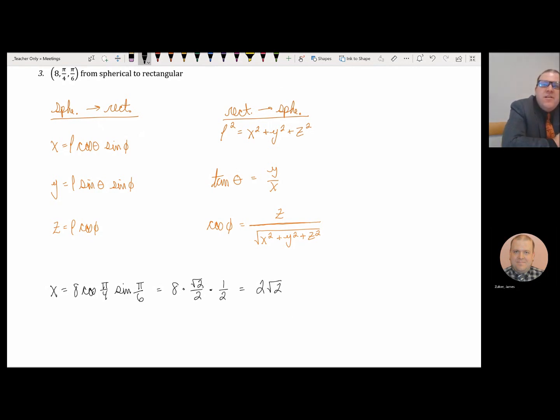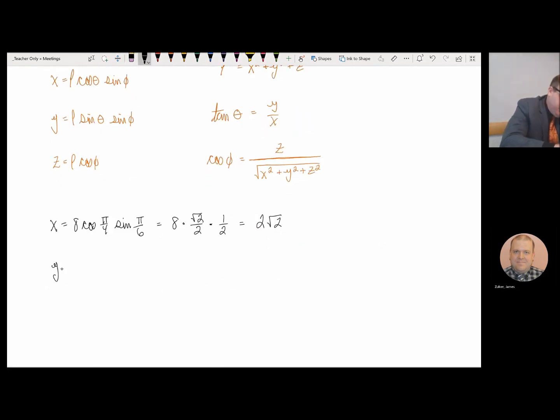Simplify that, you get 2 root 2. Y is rho sine theta sine phi. What is sine of pi over 4? Of course, we know sine of pi over 6, so y is also 2 root 2.